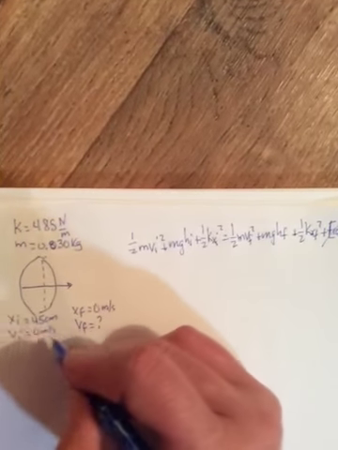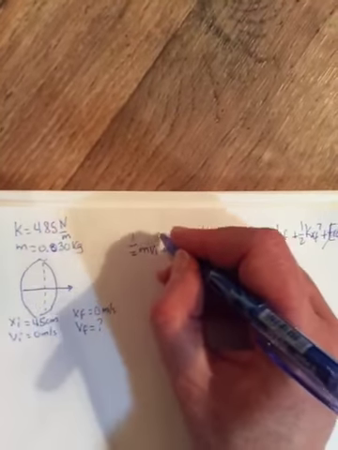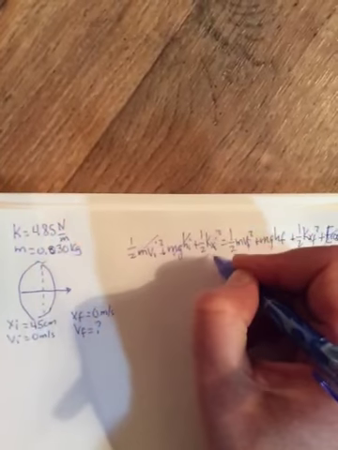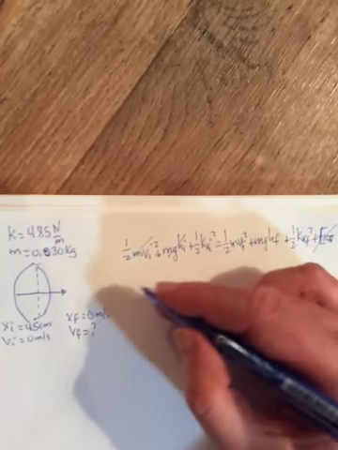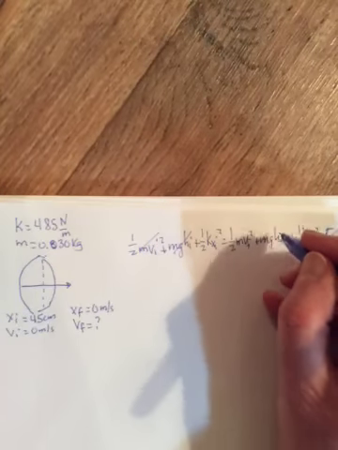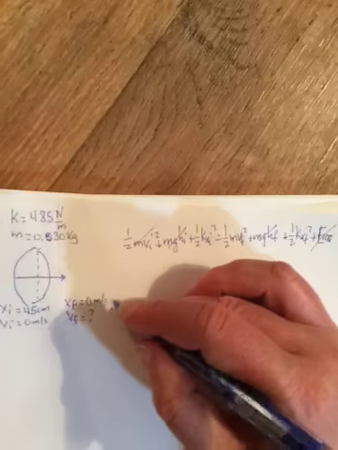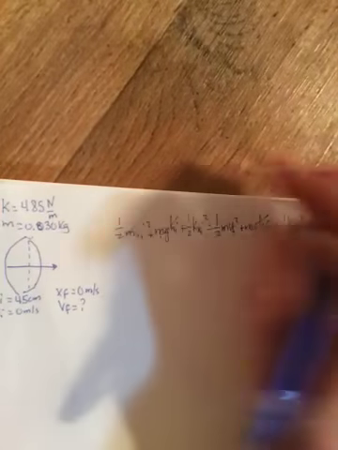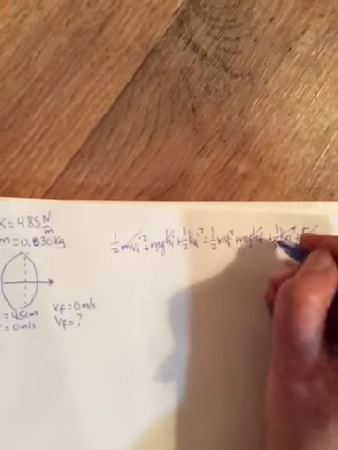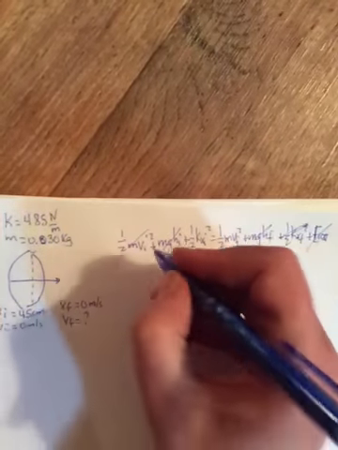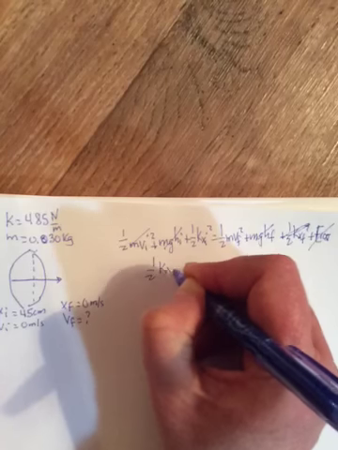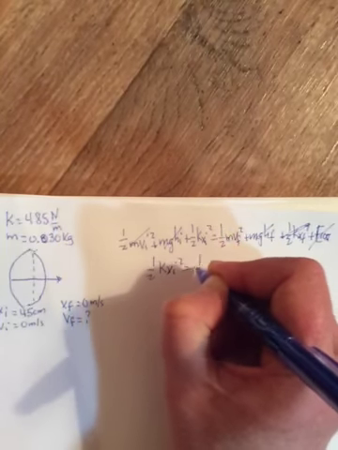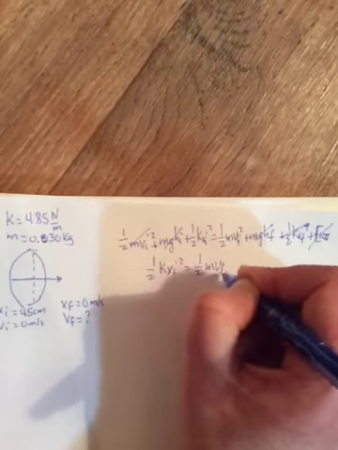So initially, it doesn't have a speed. He's holding it. Doesn't have a height, but it has an x, 45 centimeters, which we'll have to change to meters. Finally, has a speed, still no height, and no x at that spot because the arrow gets released when the bow is no longer stretched. So we end up having 1/2 kx initial squared equals 1/2 mv final squared.